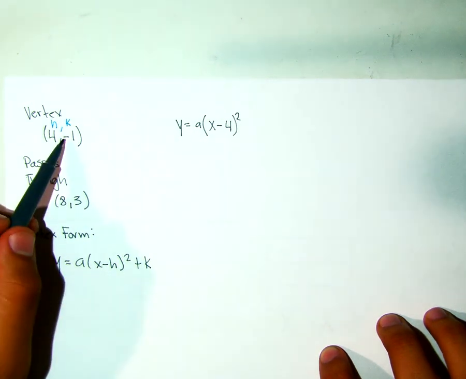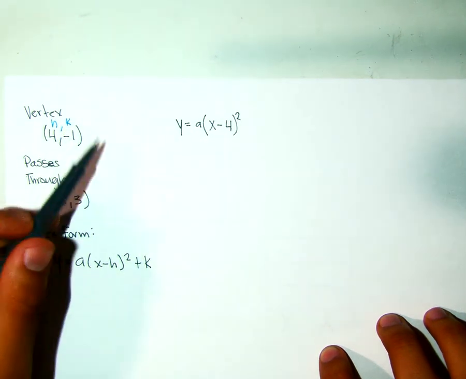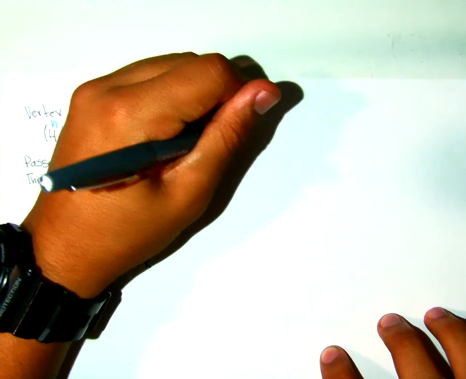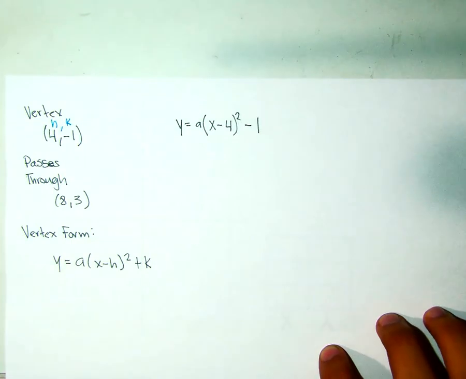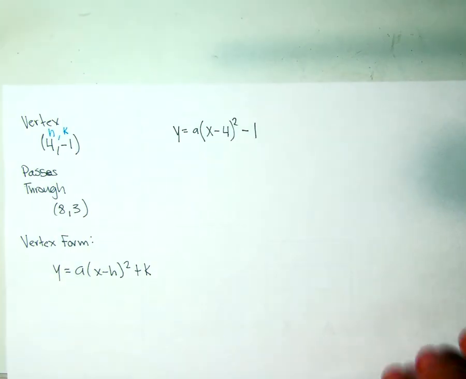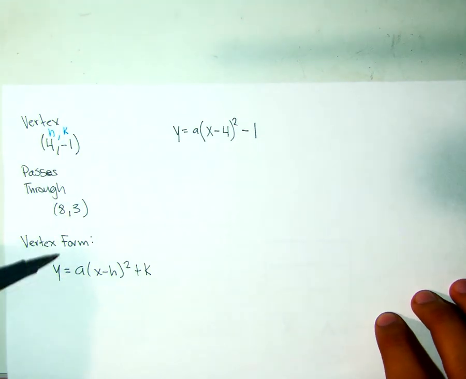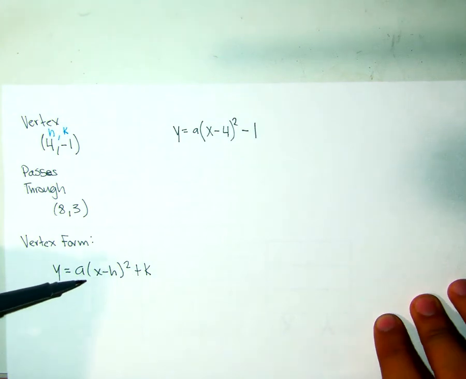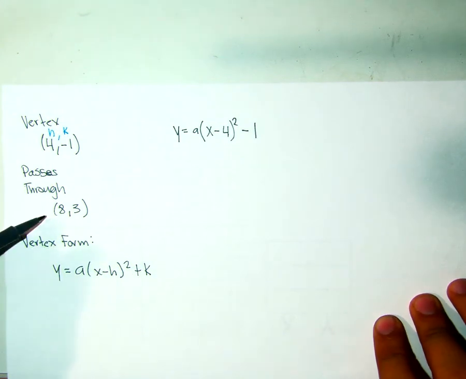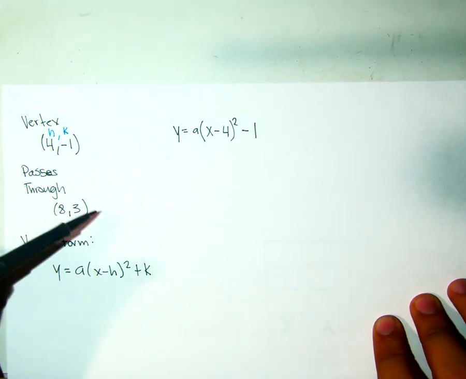If it's negative 1, can we just write minus 1? So what we just did is we plugged in the vertex, the h k, into our vertex form equation. So now, what can we do with this point that they give us?